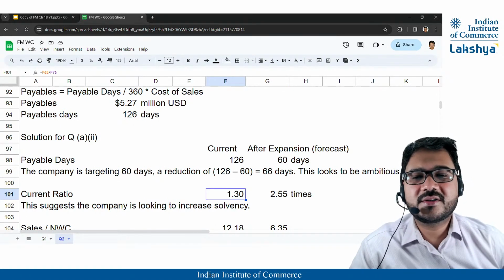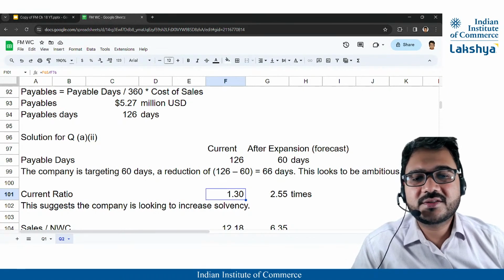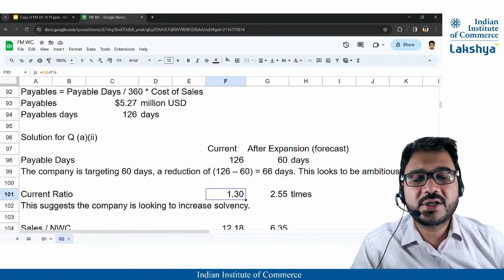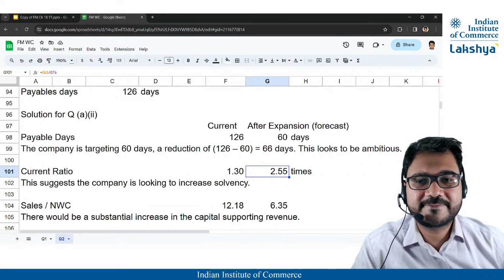Typically they say that your current asset should be twice that of your current liability. In this case, previously it wasn't, but now it is improving. So you can say that, yes, my liquidity seems to be improving. This suggests that the company is looking to increase solvency, or liquidity.